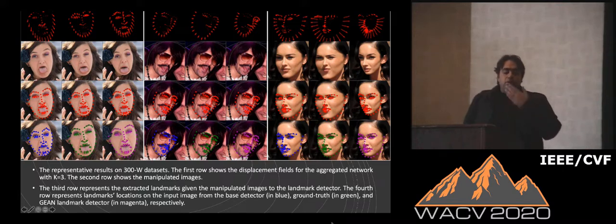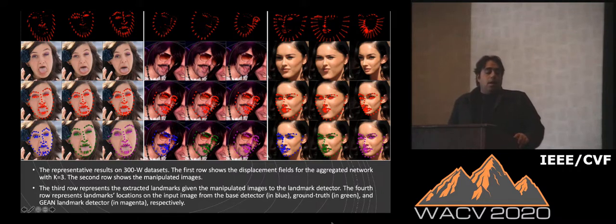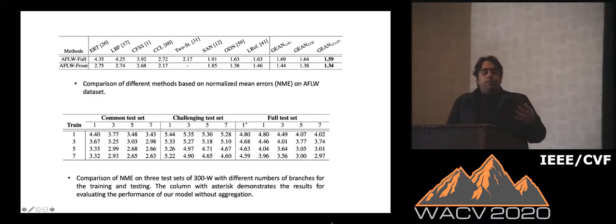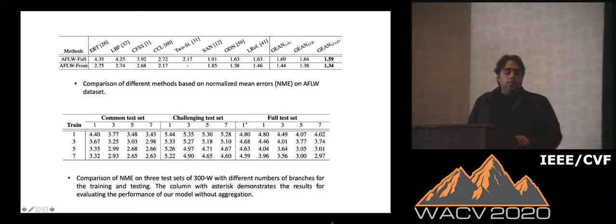The method that we use for the aggregation is that if a landmark is changed drastically in terms of location when we go from the input domain to the manipulated image, that landmark has a higher weight when we aggregate all the faces we have used.